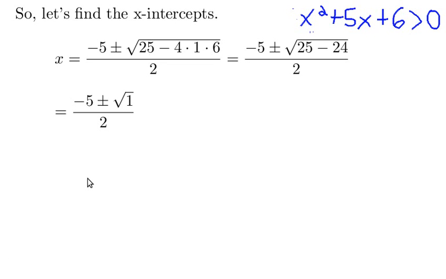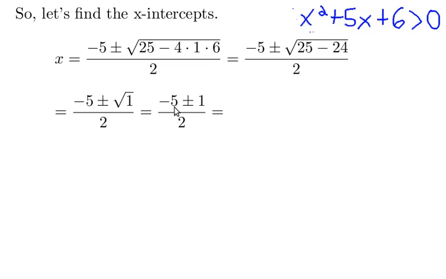And square root of 1, well, that's just 1. So we can say negative 5 plus or minus 1 over 2. This is going to give us that x is equal to, let's go ahead and do this individually.